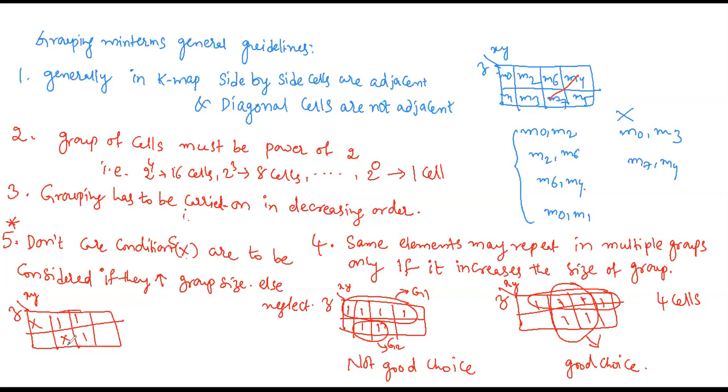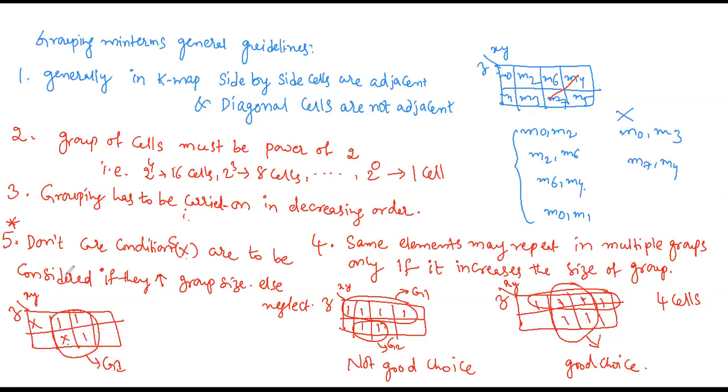If you consider this don't care condition, you can form a large group with 4 cells. Here also one don't care condition is there, but we are not grouping it. We will discuss this fifth point later, but keep the fifth point here.